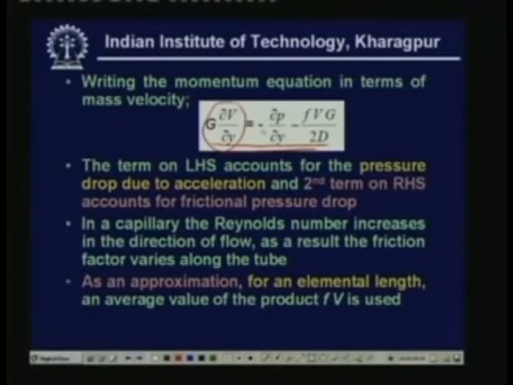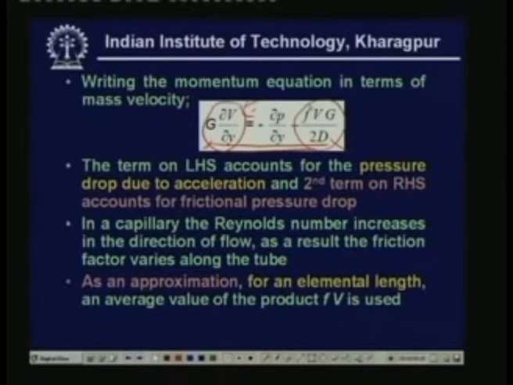As I said, pressure drop in a capillary tube is because of the acceleration and because of the frictional effects. So this term accounts for the pressure drop due to acceleration, and this term accounts for the pressure drop due to friction. f is the friction factor, and the total pressure gradient dou P by dou y is a result of frictional pressure drop and acceleration pressure drop.